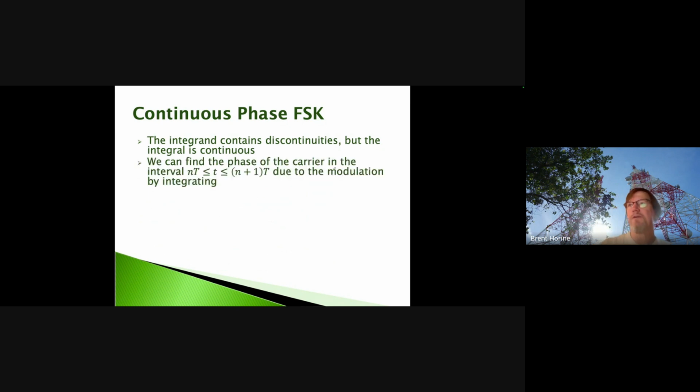So we can find the phase of the carrier in the interval of this particular pulse due to the modulation by integrating. So we can look at this at a particular t and integrate that.